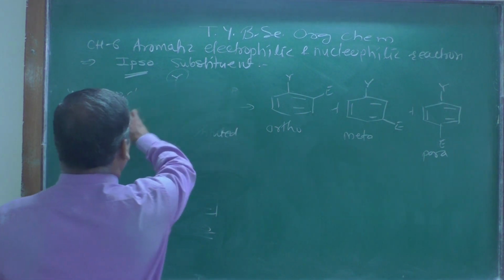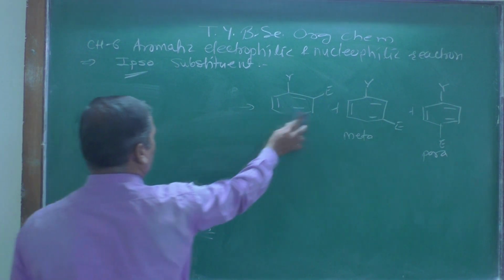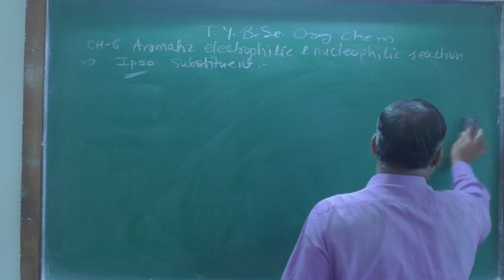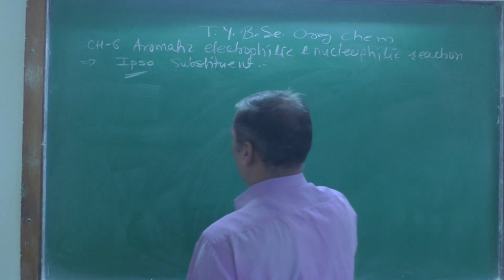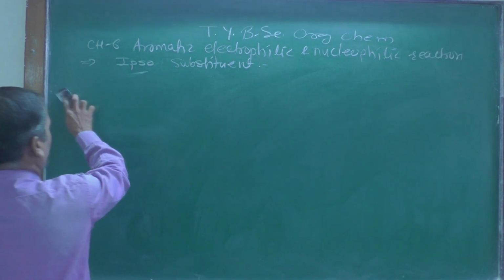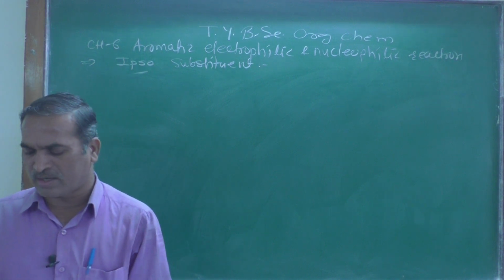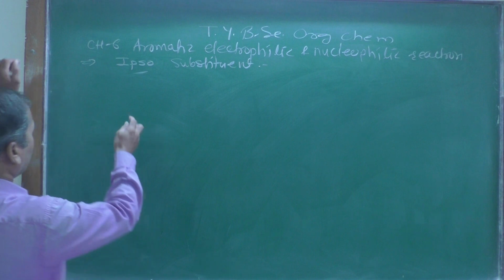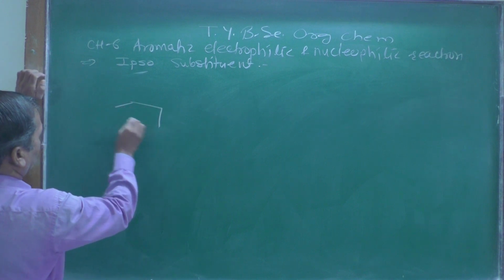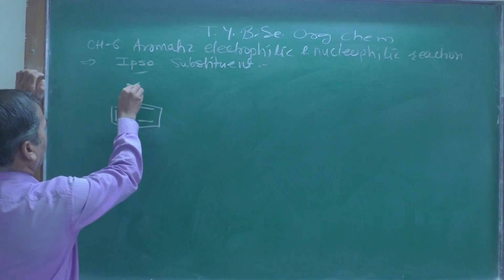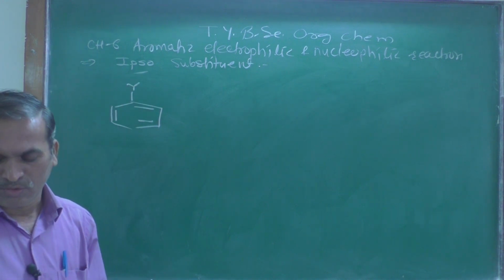Now let us look at the mechanism of ipso substitution. As we know, here this is a Y group.